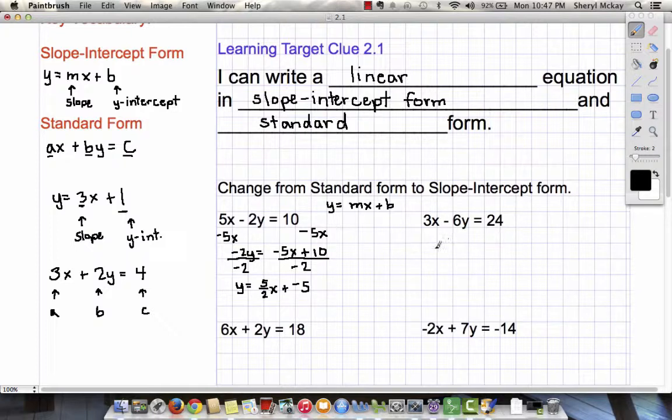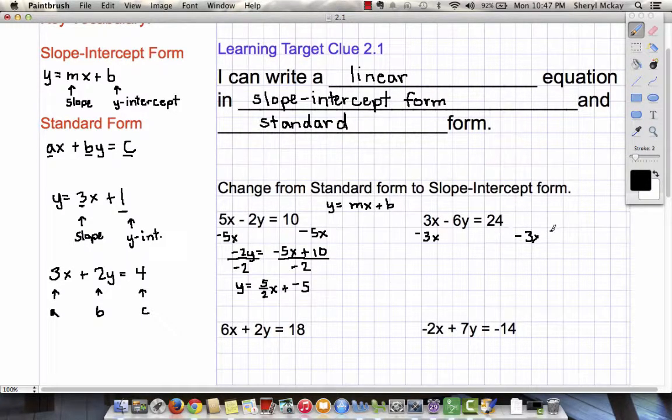Let's do 3x minus 6y equals 24. Let's go ahead and do this one. So again, we have the 6y with the x, and I want to get the y by itself. So I'm going to start by moving my 3x over. And I'm just going to write it over here because I know I can't subtract it from the 24.